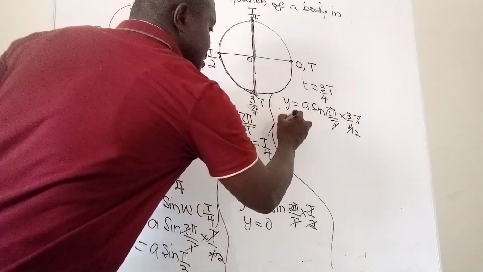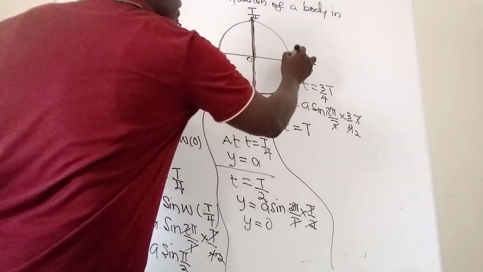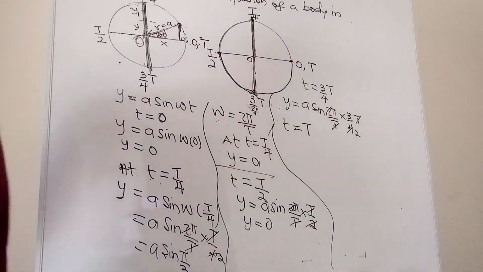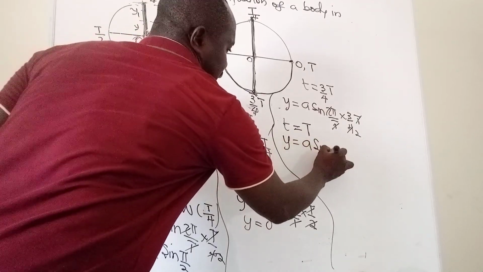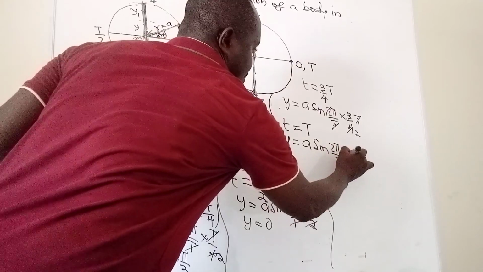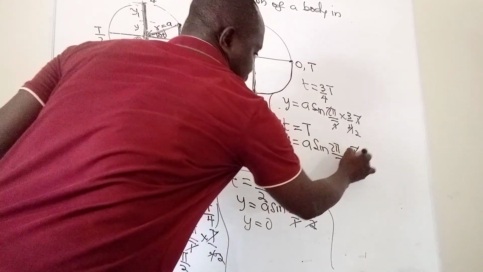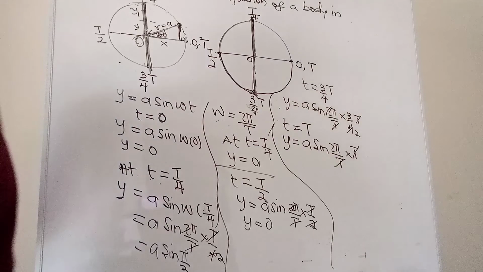Then at t is equal to T, a complete revolution, what is the displacement? Y is equal to a sine 2 pi on T by T. Alright, so we have sine of 360. 360 is equal to 0.